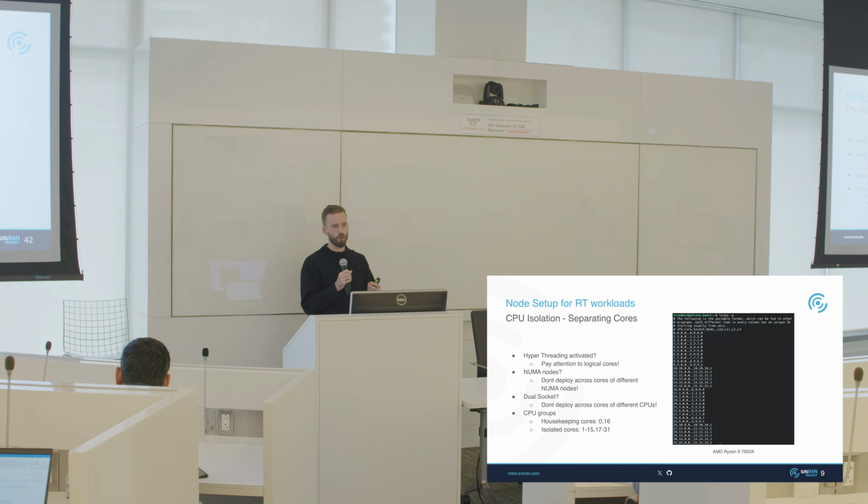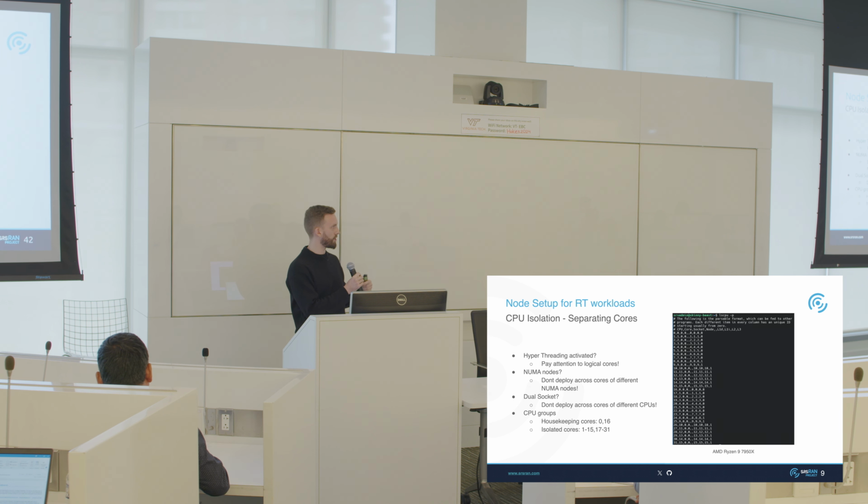And you don't want the hyperthreading core in the isolated CPU group, for example, and the physical core in the housekeeping, because both share the same memory, and in case there is a high load, it could be that you create cache misses or that you actually overload the CPU core, which then leads to lates in the DU, for example. And we want to avoid this at all costs.